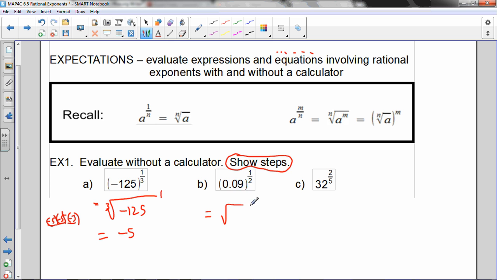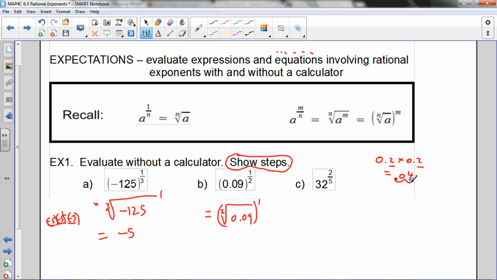I can do some decimals, nice ones at least, that are square roots. So the bottom number is the root, the top number is the exponent, and we just have the square root of a decimal. Now notice that every decimal in a multiply question ends up showing up in the answer. So for instance, if I had 0.2 times 0.2, well, 2 times 2 is 4, but there are 2 decimal places in the question, so there are 2 decimal places in the answer.